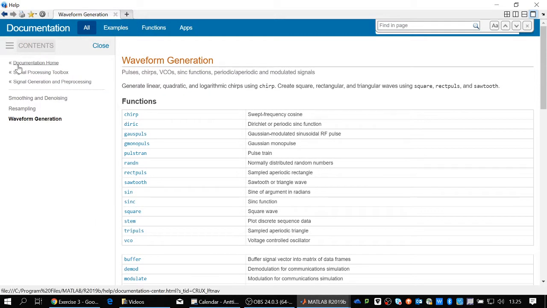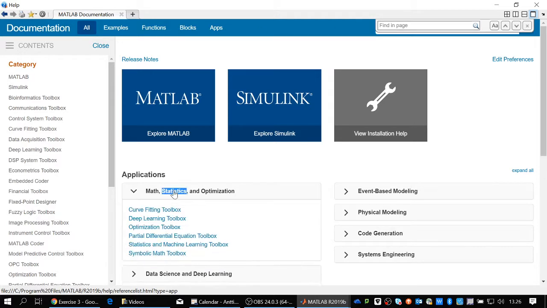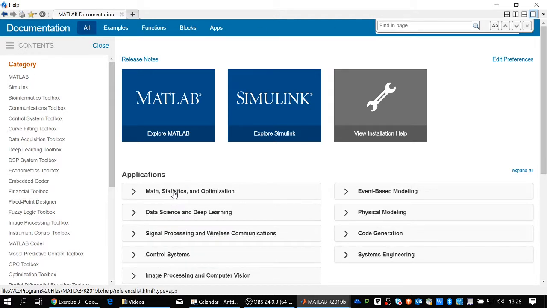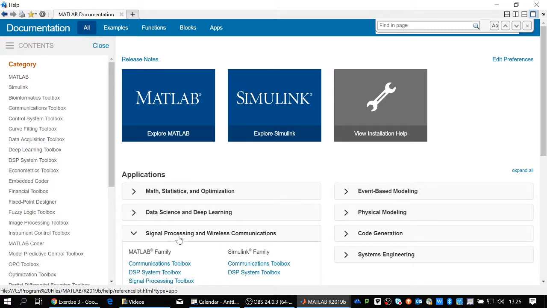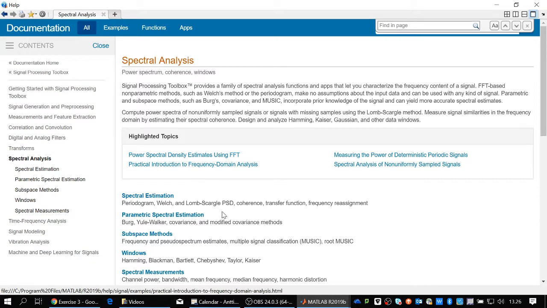Contents, documentation, home. Spectrogram, signal processing, wireless communication, signal processing toolbox, spectral analysis. Okay, there is the periodogram. Actually, I think they are also calling it periodogram, maybe.